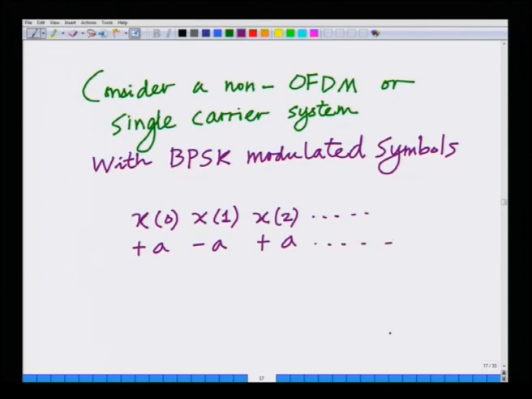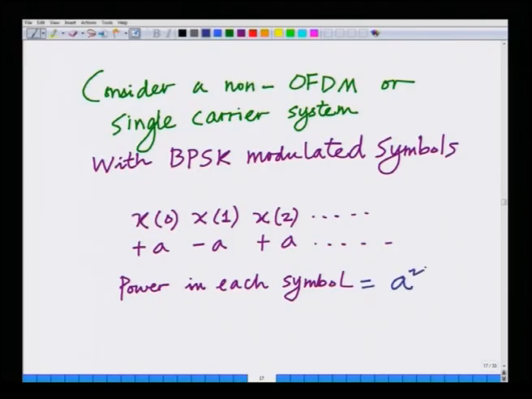Now, if you look at this sequence, what is the power in each symbol? The power in each symbol is either plus or minus A, in both cases the power is simply A square, that is expected x square, which is simply A square.